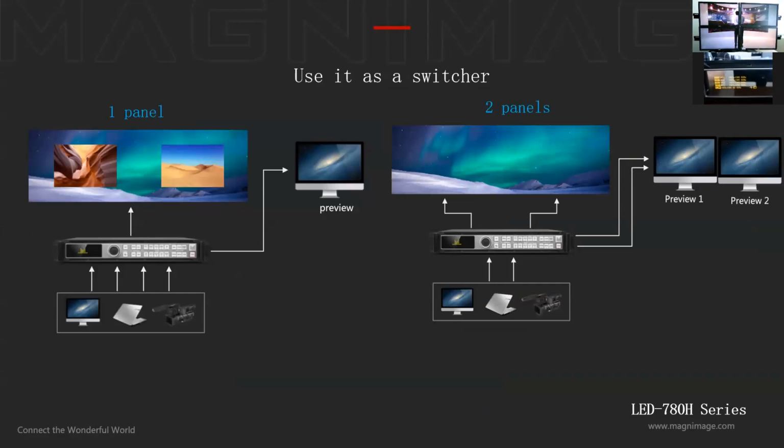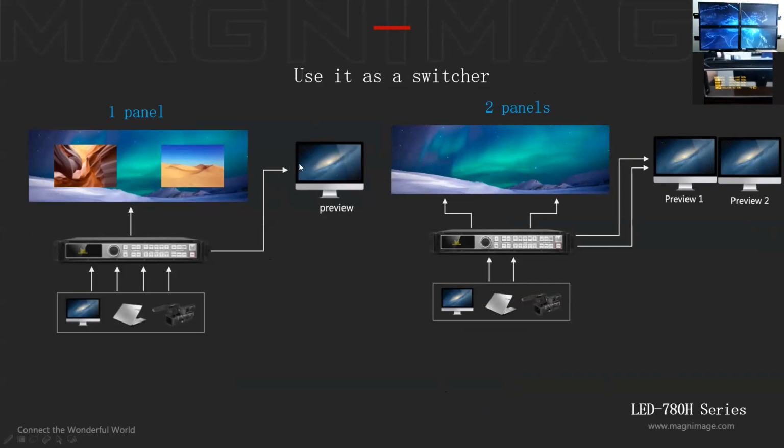You can also use it as a switcher if you don't do the mosaic work. Here we offer 2 modes, 1 panel and 2 panels. 1 panel means that we use 1 output for the main screens and another output for preview, like this.